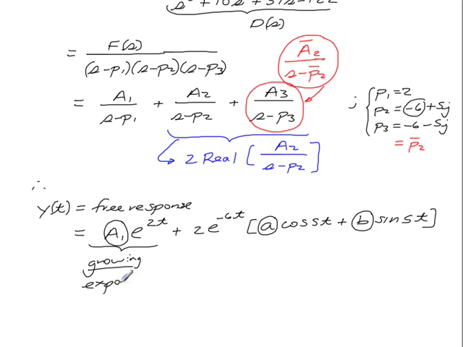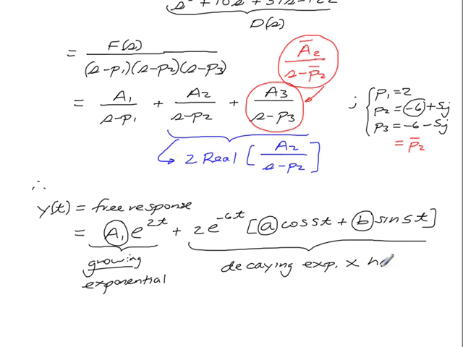This is the one that will dominate for a long time, because this set of terms here is going to be a decaying exponential times a harmonic. For a long time, the harmonic doesn't make any difference because the decay will wipe it out with time. So our dominant part of the response is that.